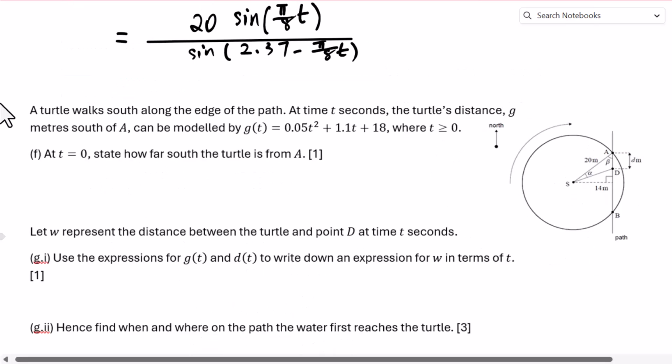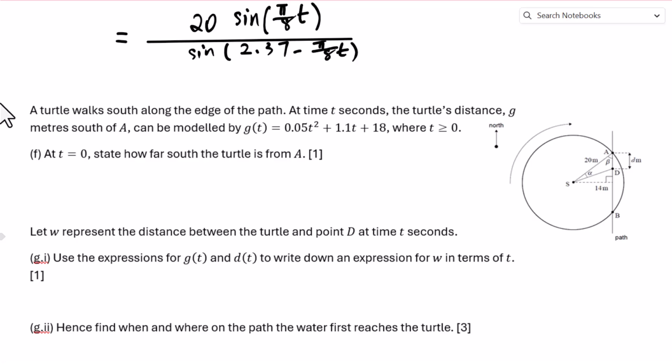A turtle walks south along the edge of the path. At time t seconds, the turtle's distance j meters south of A can be modeled by this function. At t equals 0, state how far south the turtle is from A. g of 0 equals 18.